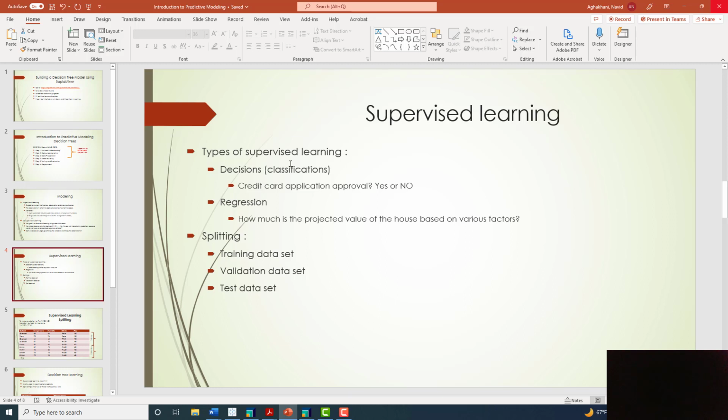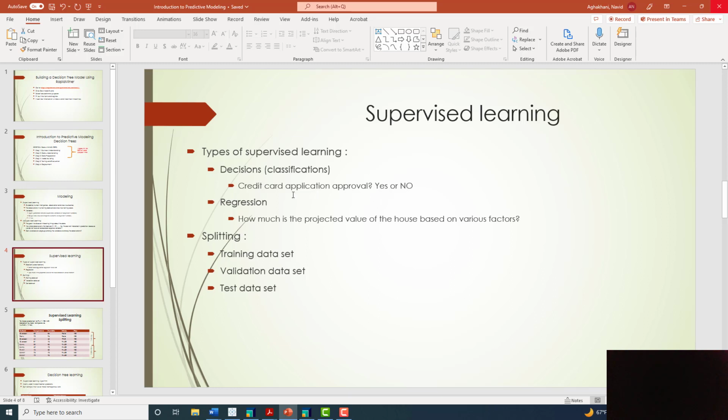Based on his or her previous information, such as age, sex, working status, and previous credit history, you are going to say whether you are going to approve his or her credit application or not. So this is called decision tree models or classification models.